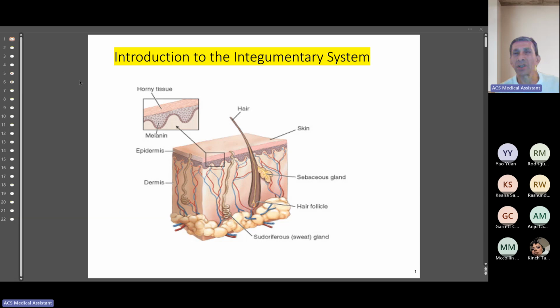When we talk about the integumentary system, this is another medical term that you need to understand. It means skin. Integumentary system means the skin system, but we add some accessory organs like nails, hair, and some sebaceous glands, some sudoriferous glands.